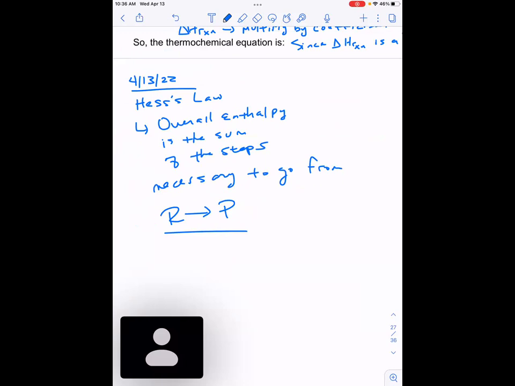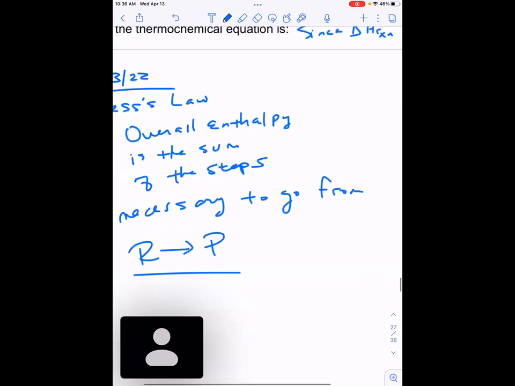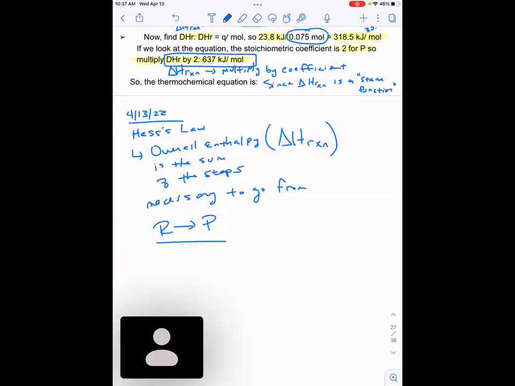You're going to add up all the enthalpies at the end, and that's the delta H for the reaction. So delta H for the reaction is just the sum of everything. If it takes 10 steps, add the delta H's up for each step, and then that's the overall reaction enthalpy.